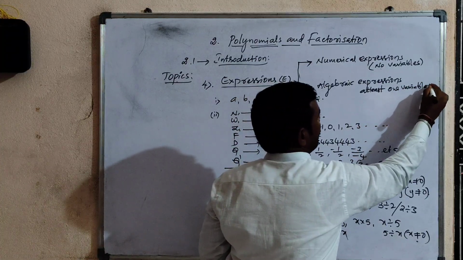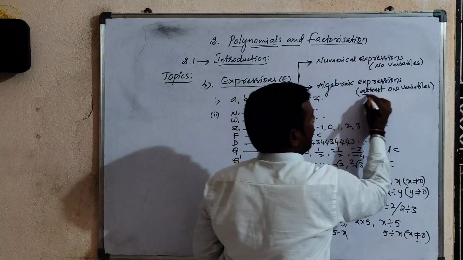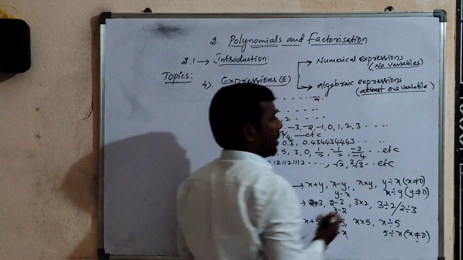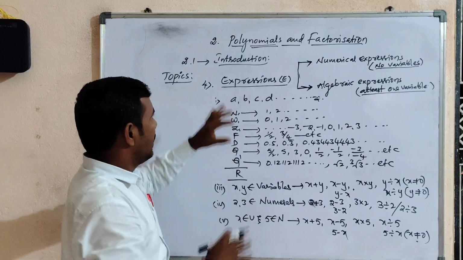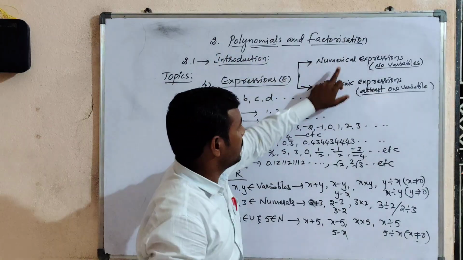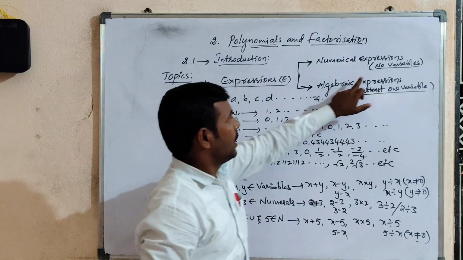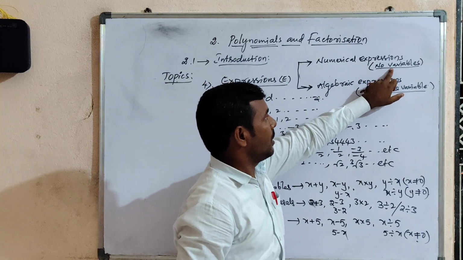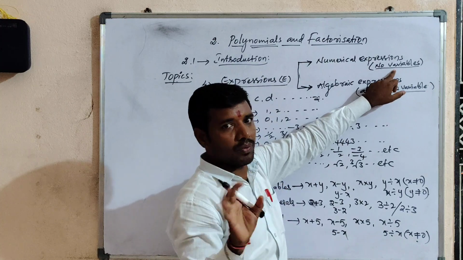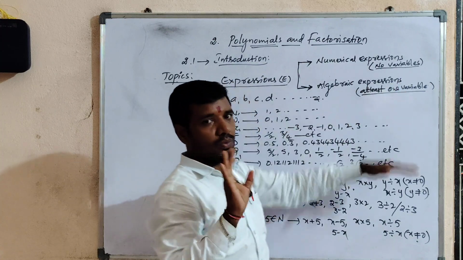At least, in the sense you can take more than one also. At least one variable is required. Here no variables are required. Based on that, expressions are mainly 2 types: numerical expressions and algebraic expressions. Numerical expressions should not have a variable, but here at least one variable is required.